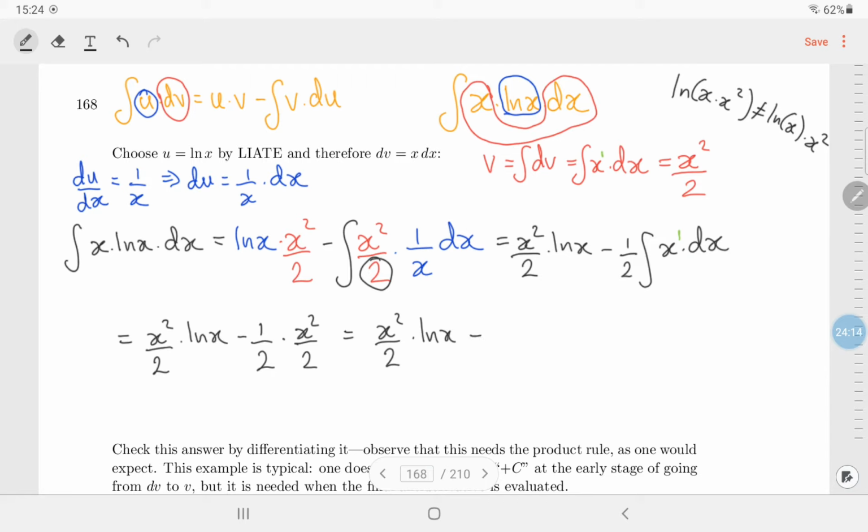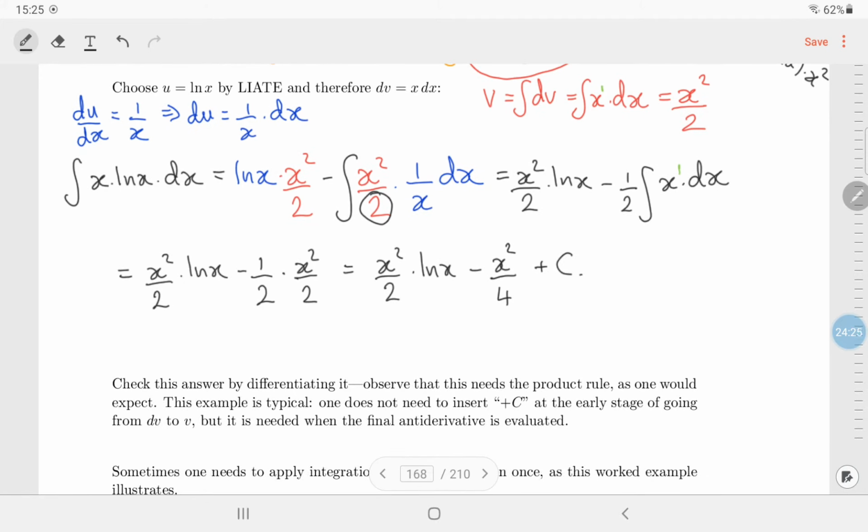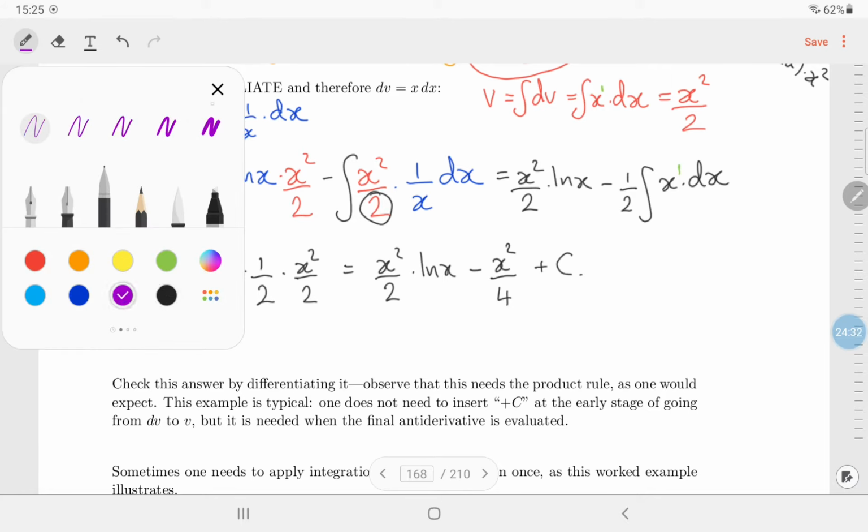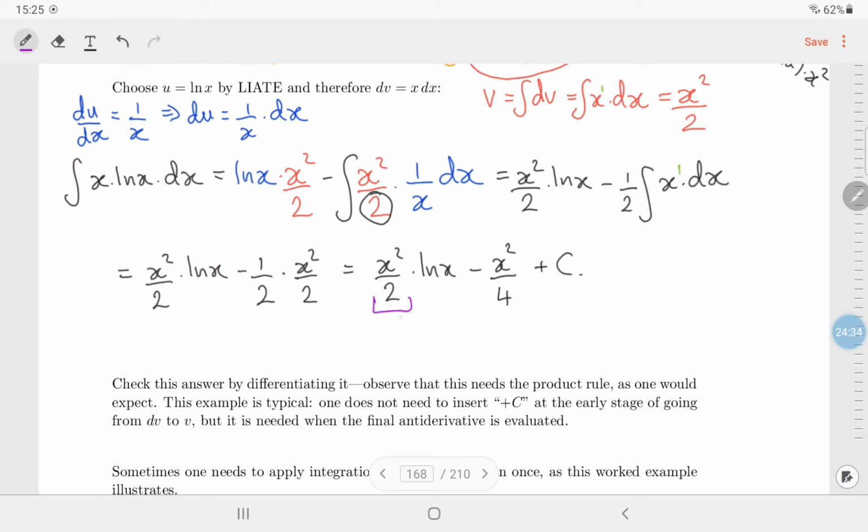How do you do fraction by fraction? It's top by top, bottom by bottom. 1 by x squared is x squared. 2 by 2 is 4, plus c, and that's done. So you can check your answer by differentiating, and you'll need the product rule. You don't have to put in the plus c until the very end.